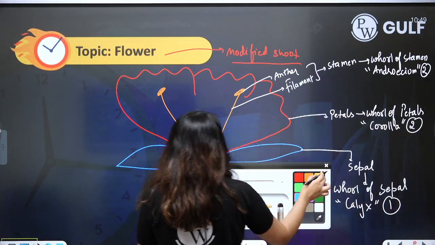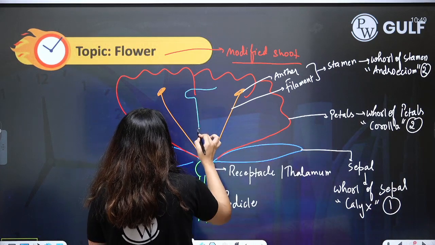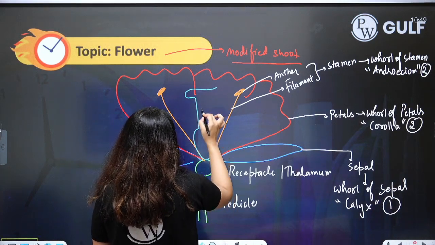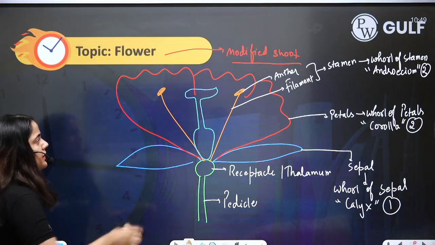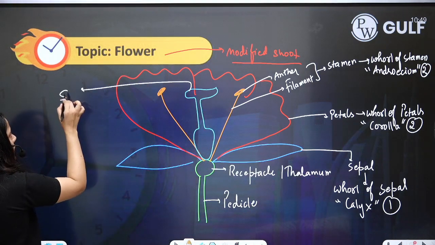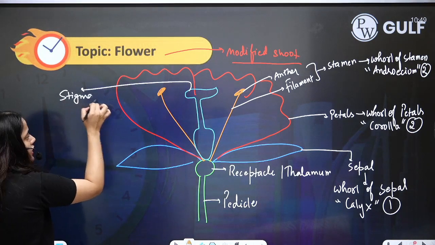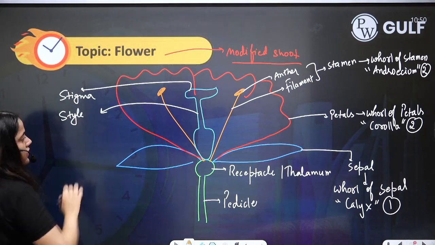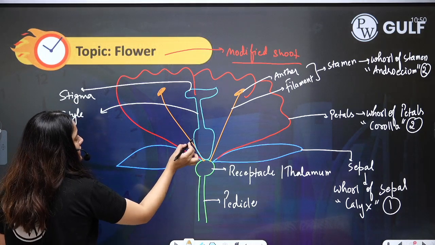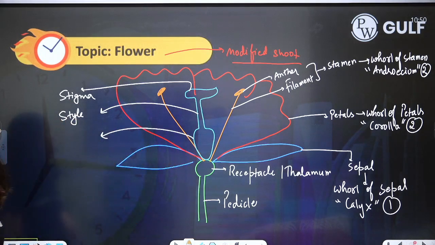And the last part is the female part. It is stigma, where pollens are landed. This is style, where the pollen tube will go and release male gamete into the ovary, inside the ovule.